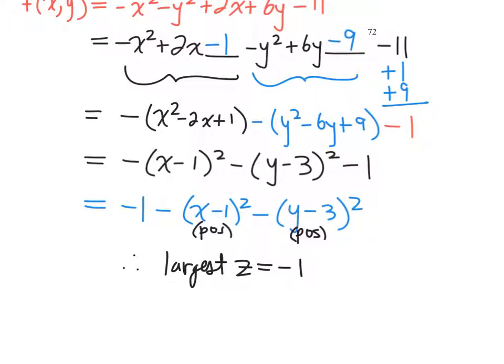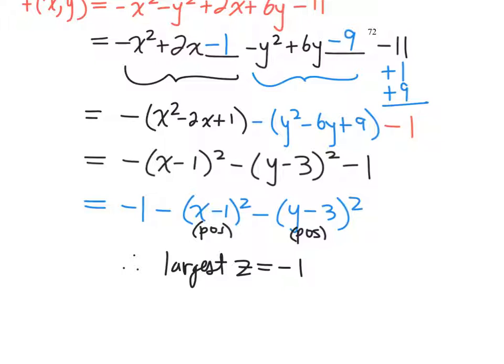Therefore, the largest z has to be equal to -1, because if I just pick any 2 positive numbers, start with -1, and then take 2 positive numbers and subtract them from -1, you're going to get something that's more negative. If I made it a 2 and a 3, -1 minus 2 minus 3 is going to give me a -6. That's smaller than the -1.